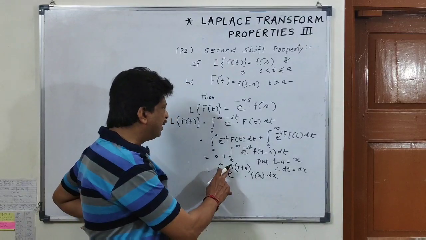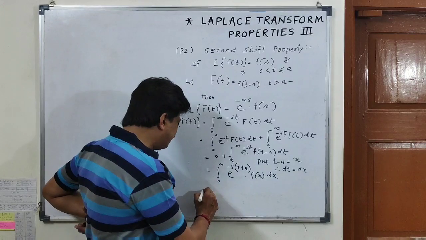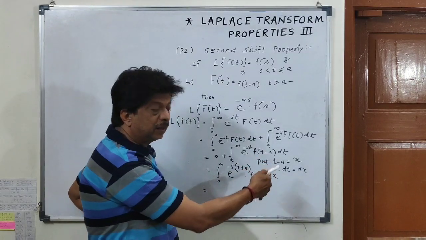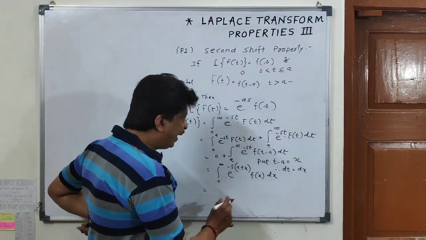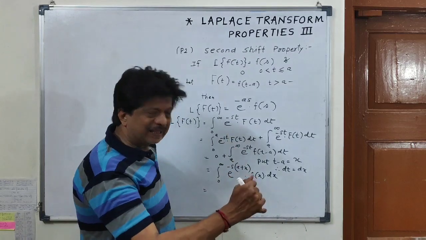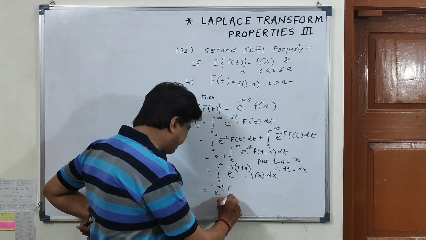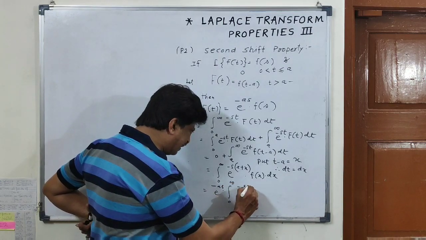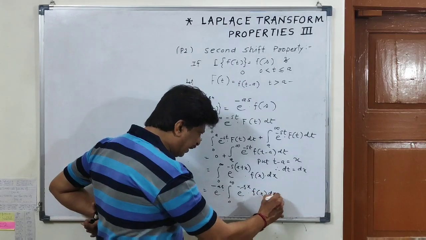e raised to power minus as minus sx. So we are transforming t to x, so this s is independent of x. So this is equal to e raised to power minus as into integral 0 to infinity e raised to power minus sx f of x dx.